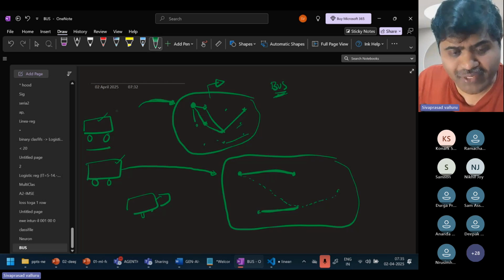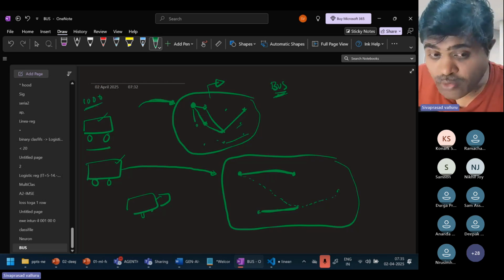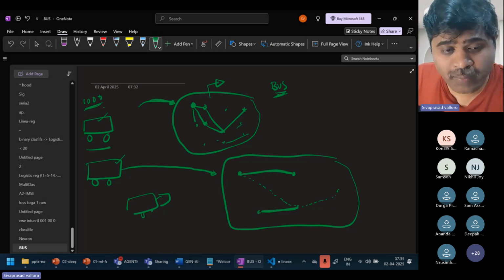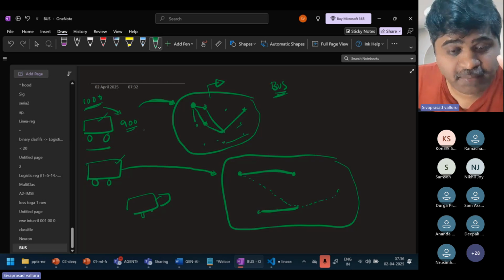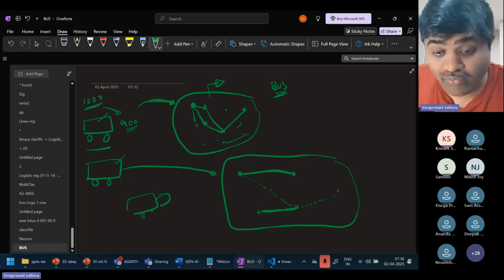So after seeing 1,000 buses, for the first time these neurons got connected. Let us say among 1,000 buses, 900 times, when my brain recognized this as a bus, the connection between these neurons was always there.